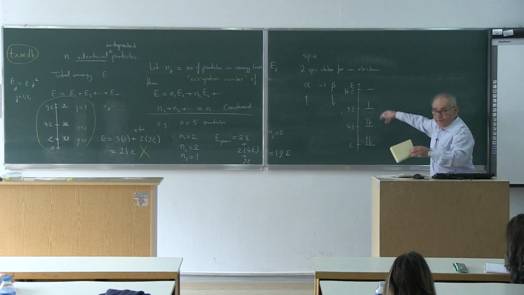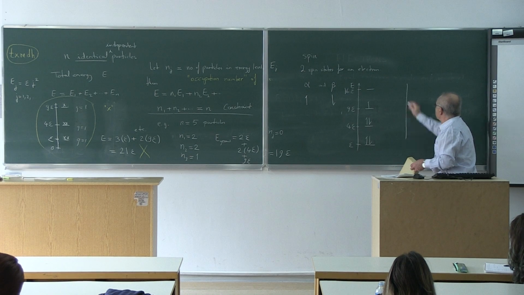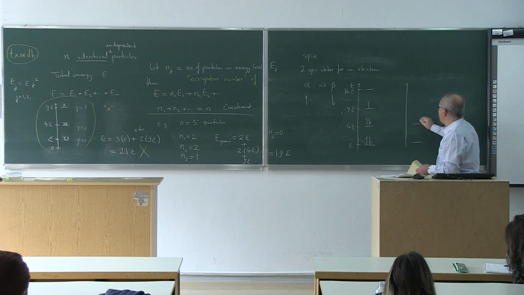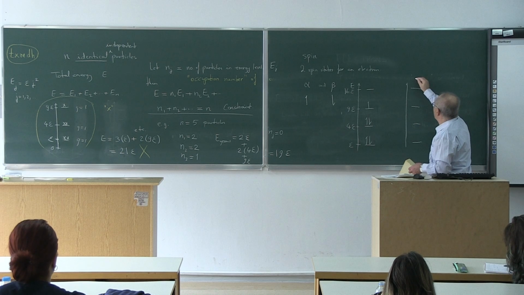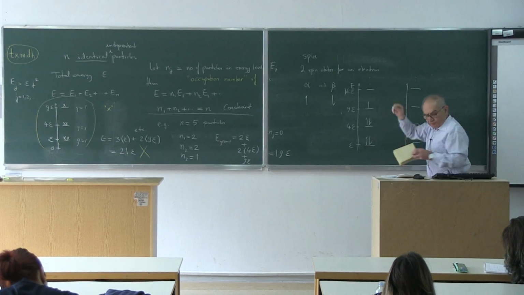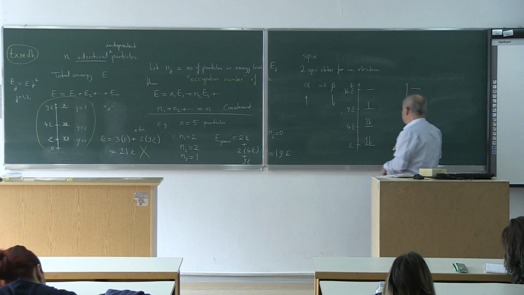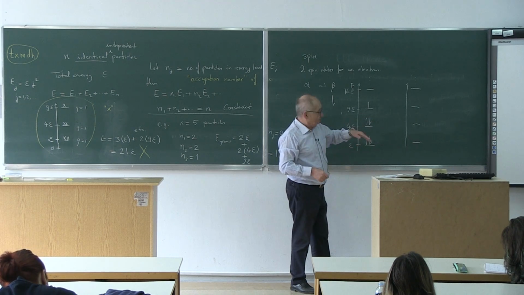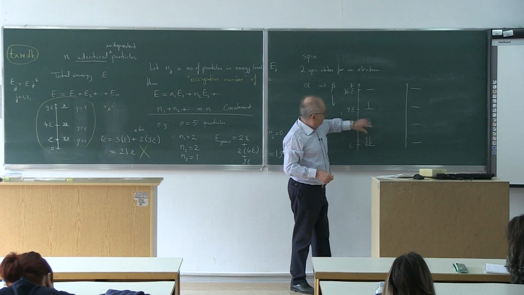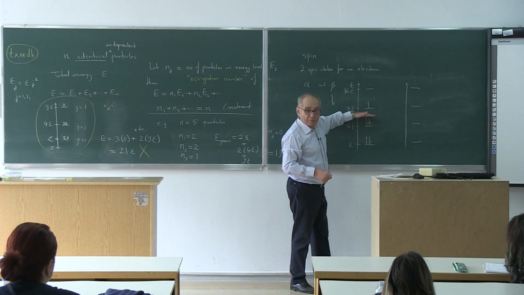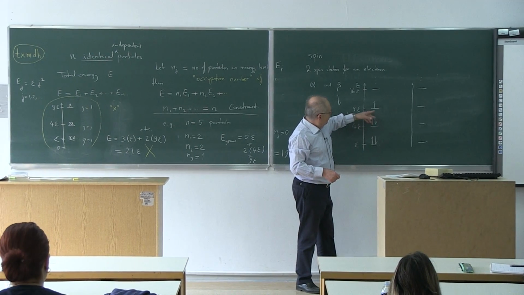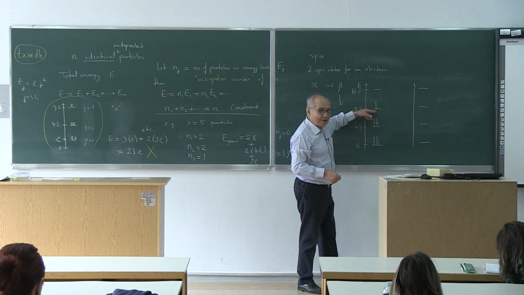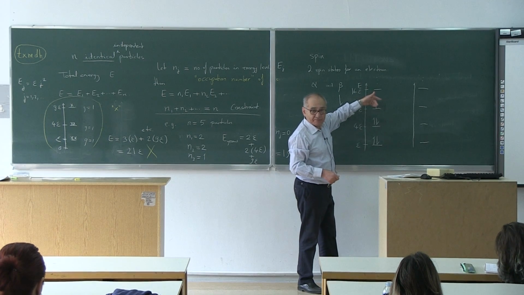Now, this is the ground state. Excited states for the system are obtained starting with the ground state configuration, which is this one, and then promoting one of the electrons from occupied levels to unoccupied levels.